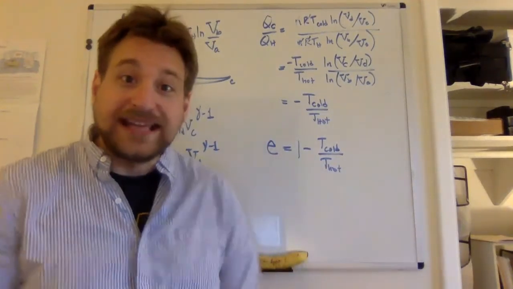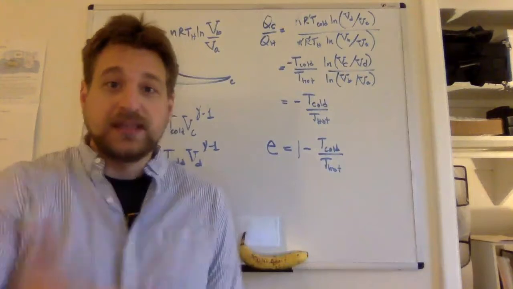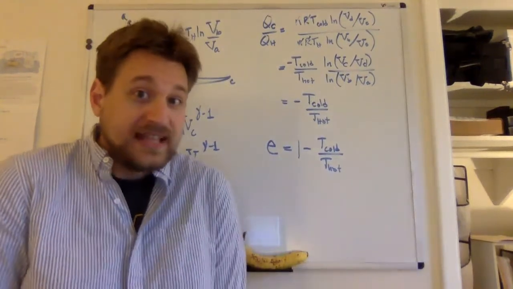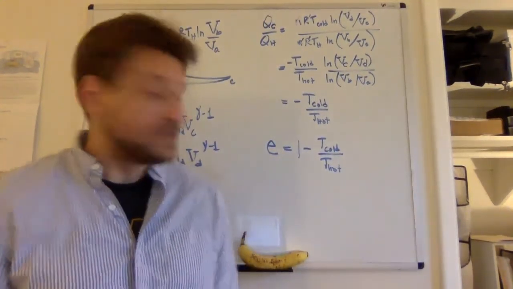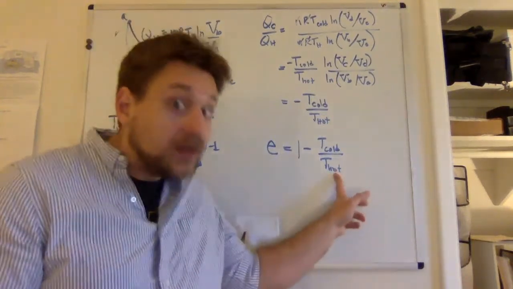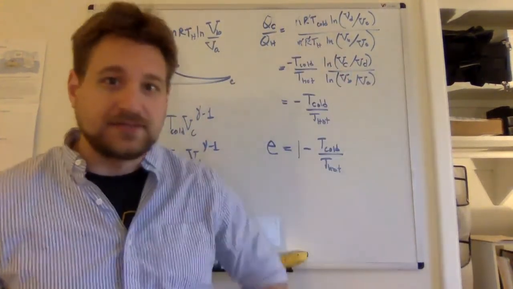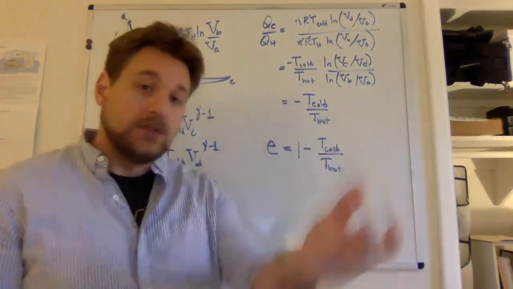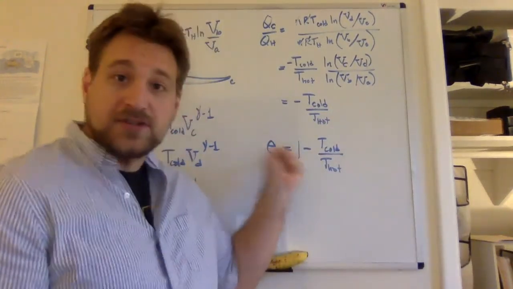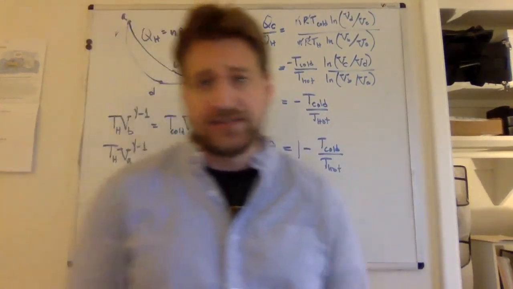We can make engines that are only so strong given the materials available to us. We can make engines that are only able to withstand certain temperatures given the materials available to us. So we can't make this arbitrarily large. We can make it pretty large, several tens of thousands of Kelvin, but it's still not zero. And the only way to get an efficiency of 100%, is if T cold is 0.